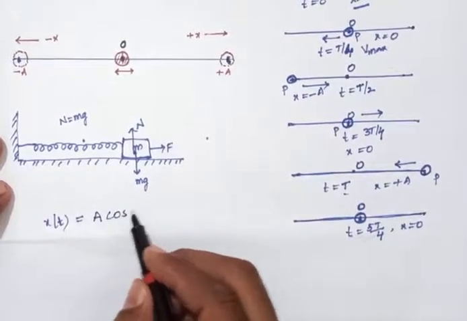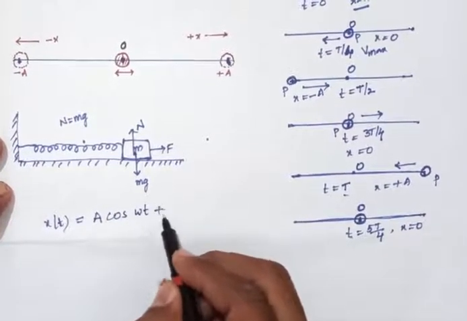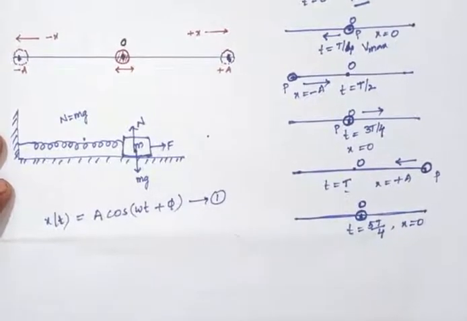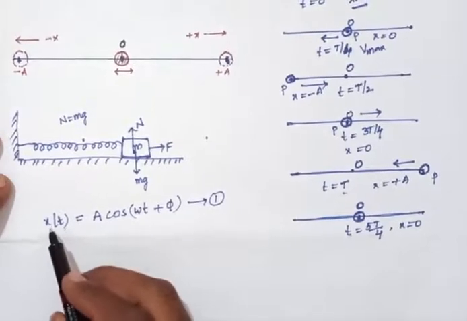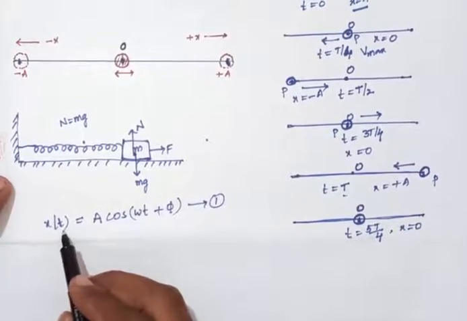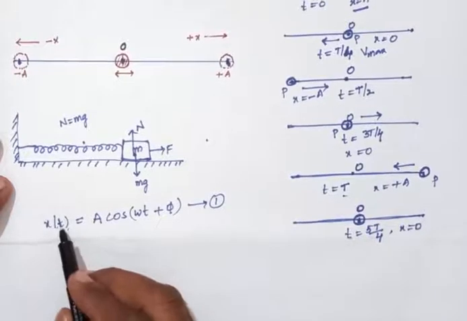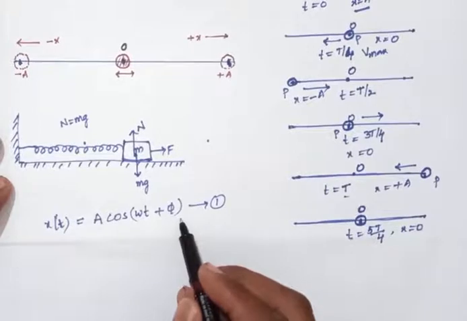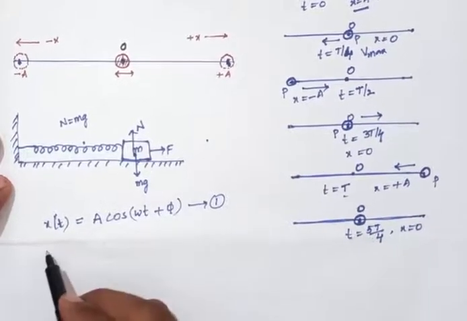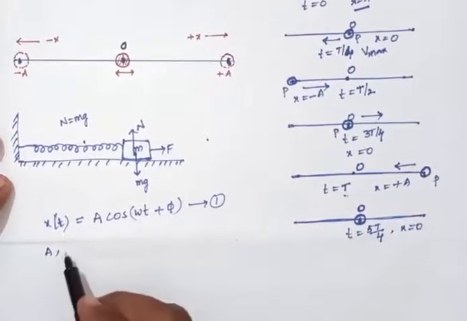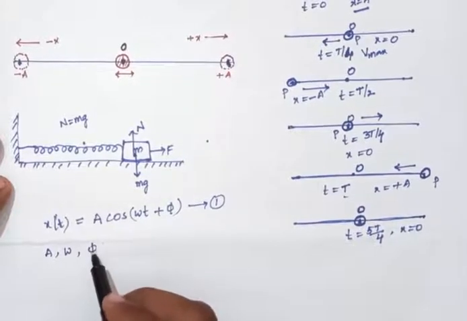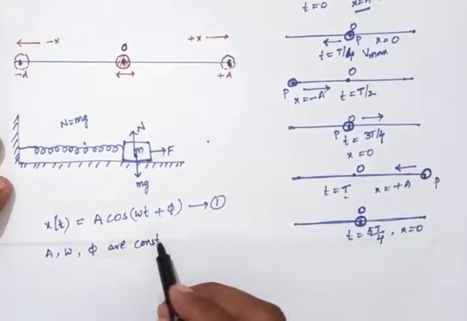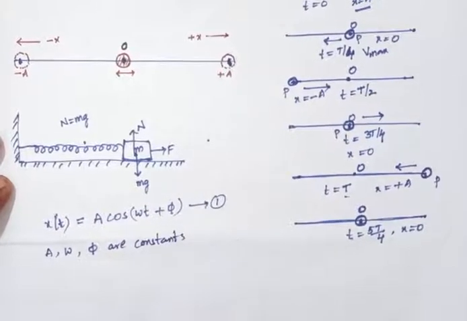This is equation number 1, the displacement as a function of time: x of t equals a cos(omega t plus phi). Here a, omega and phi are constants.